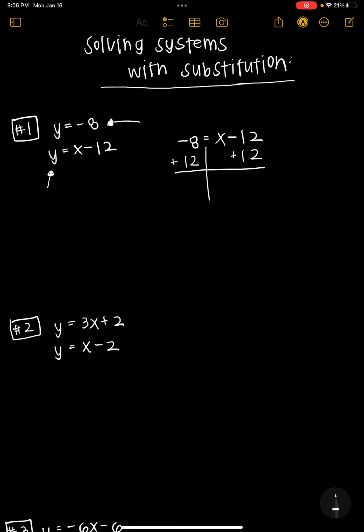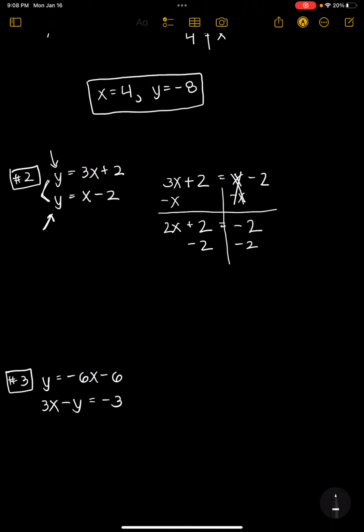Then I'm going to subtract 2 from each side. The 2's on the left cancel out, I'm just left with 2x. -2 and -2 on the right side give me -4. Then to get rid of the 2 on the left side, I'm going to divide both sides by 2, which gives me x is equal to -2.